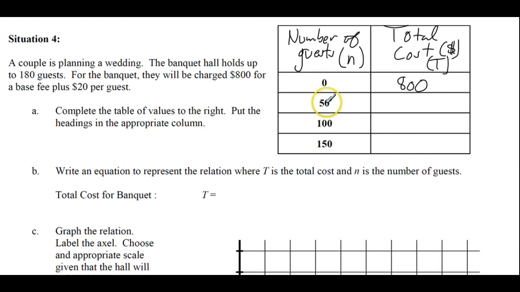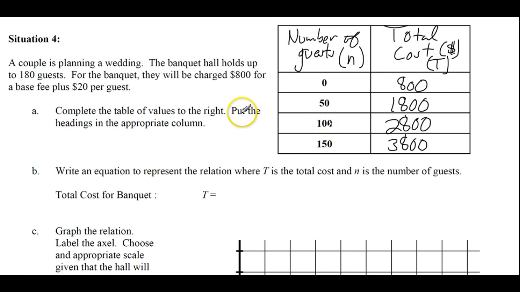If 50 people show up, it's going to cost us $20 per guest, which will be $1,000 plus the base fee. If 100 people show up, then it will be $2,000 plus the base fee. If 150 people show up, it will be $3,000 plus the base fee, right?